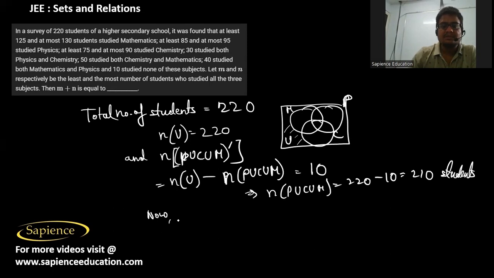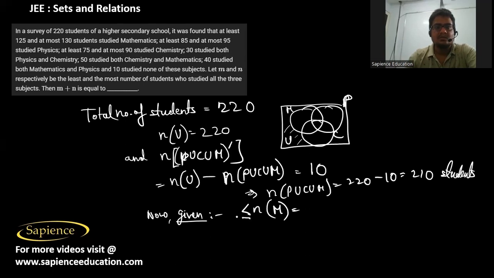Now it is given that the number of students who studied maths, n of M, is more than or equal to 125 and less than or equal to 130.